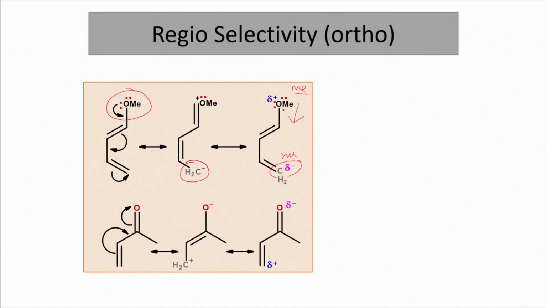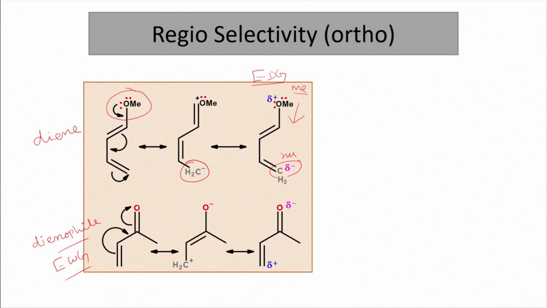So, whenever we have electron donating substituents on this particular diene, the terminal carbon gets a more nucleophilic character. This is the diene. We have the dienophile, with an electron withdrawing group on it. So, when there is an electron withdrawing group on the dienophile, what happens?